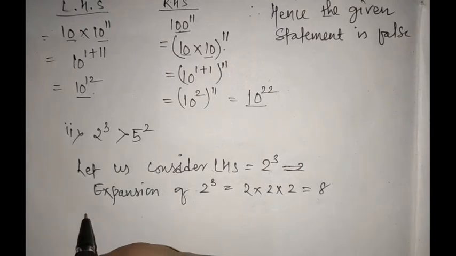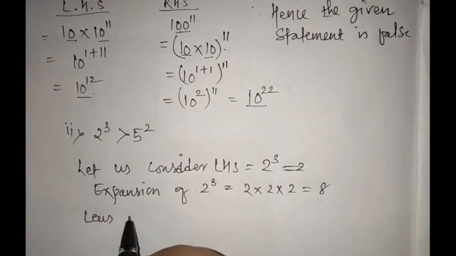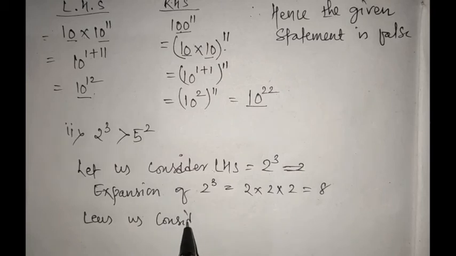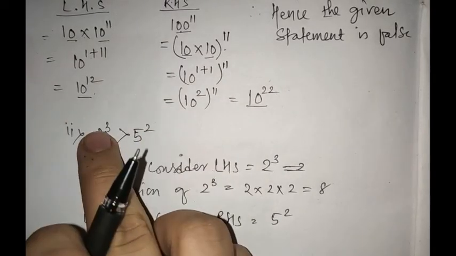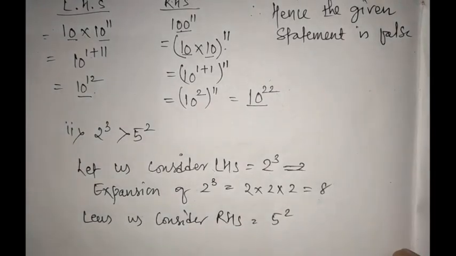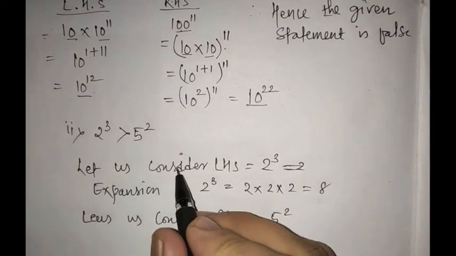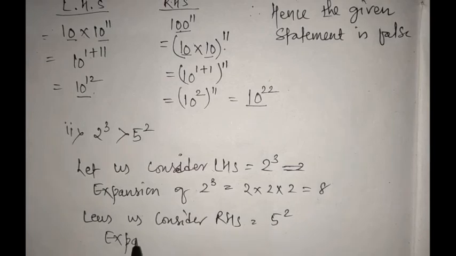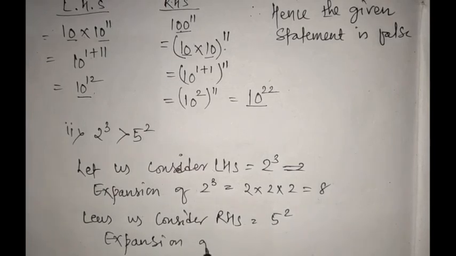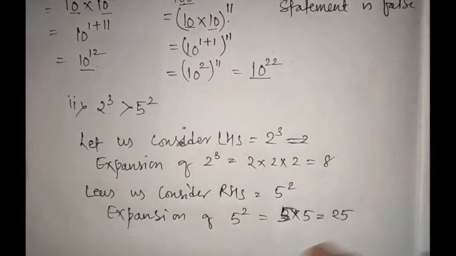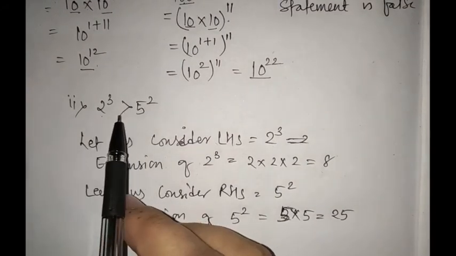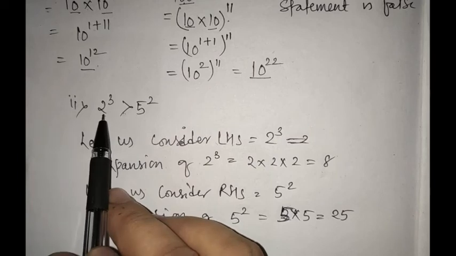Similarly, let us consider the RHS to be 5 square. This is RHS and this is LHS, that's all we are considering. Expanding 5 square, 5 square is 5 into 5, which is 25. So is it greater? They are saying that 2 cube is greater than 5 square.